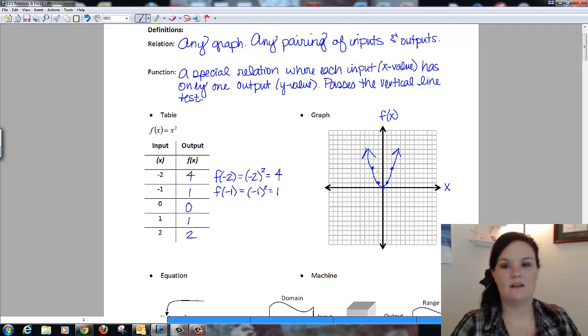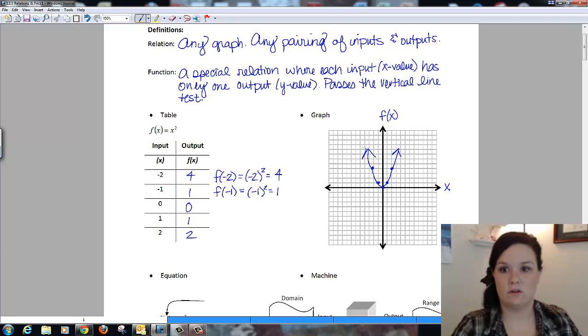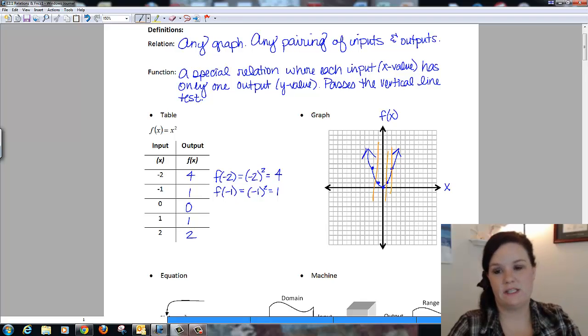Okay. So here, since we have a picture, we can actually go ahead and do the vertical line test. Remember, the vertical line test says if I take any vertical line and draw it anywhere on this graph, it should only cross it one place. So notice here I drew 3 random vertical lines, not very straight, but notice they only hit the blue line once. So that means this would be a function.